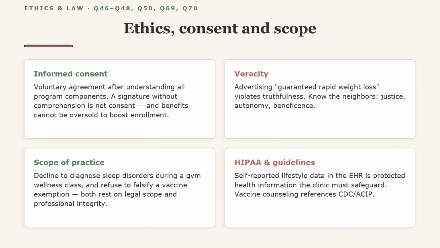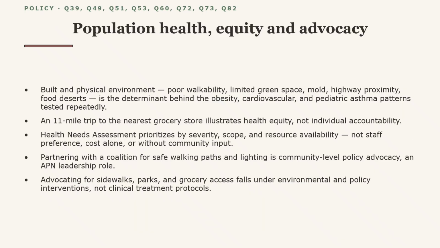Ethics, consent, and scope of practice. So we have informed consent, veracity, scope of practice, HIPAA, and guidelines. You should be pretty knowledgeable on these topics now. All right, population health, equity, and advocacy.